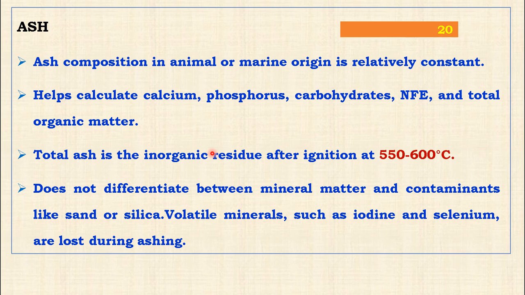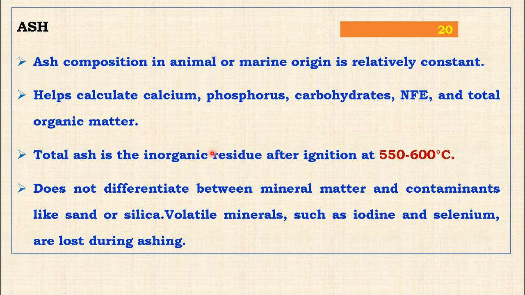Then ash composition in mineral or marine origin is relatively constant, and it helps us to calculate the phosphorus, carbohydrates, NFEs, and the total organic matter.